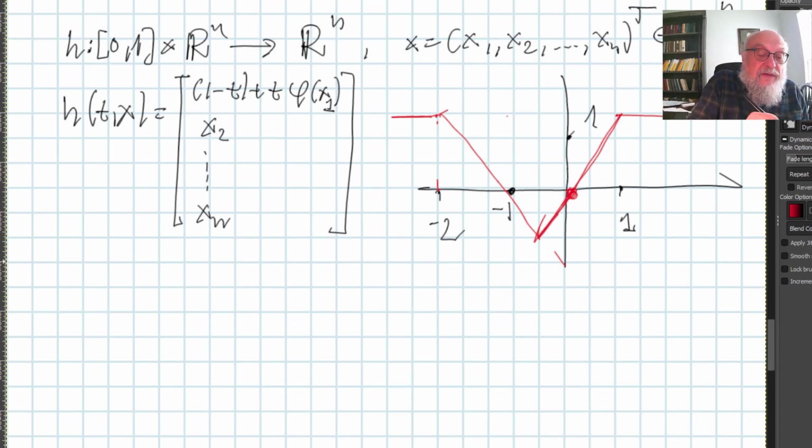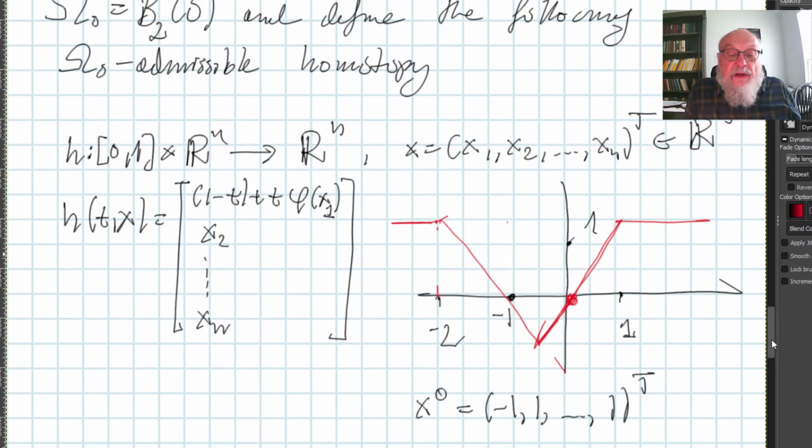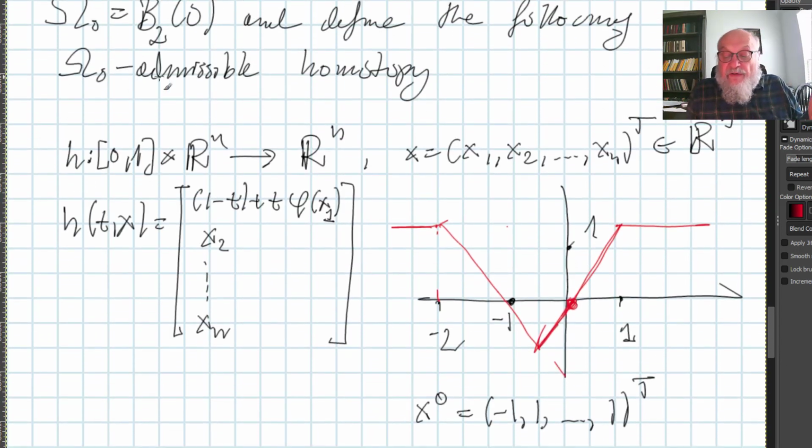Also x naught will be a given point, the point (-1, 1, ..., 1) transposed. So notice this is clear. This is omega naught, admissible homotopy. Yes, it is admissible because the ball is big, so this is in minus 2, 1, so that's a ball.